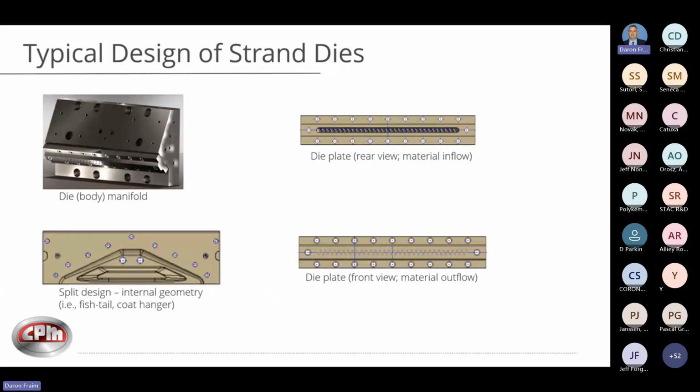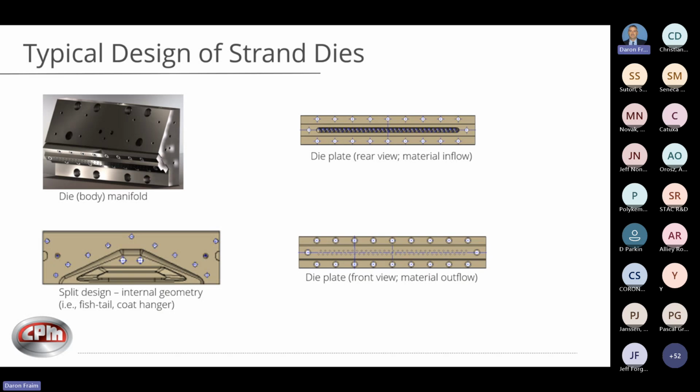This here will kind of show you as part of that die assembly. You can see the die manifold in the upper left here. Typical top design. On the bottom left, geometry is an overview of the internal bore, the typical design you'll see in a strand die, which mimics that of a film die to a certain extent, like a fishtail or coat hanger design.